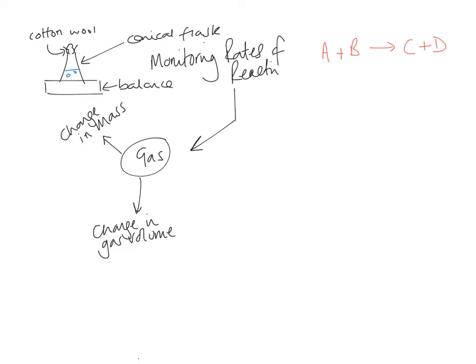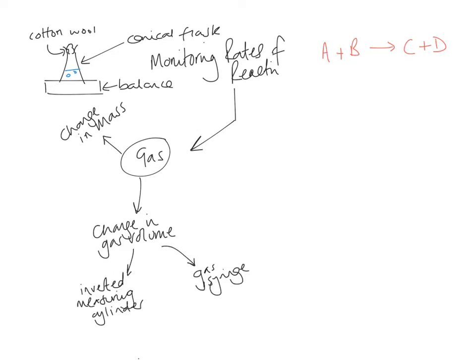Another approach that you can use is change in the gas volume, because if a gas is given off, you can measure and collect the amount of gas given off using two different types of setup. You can use an inverted measuring cylinder where you displace the water, or a gas syringe.